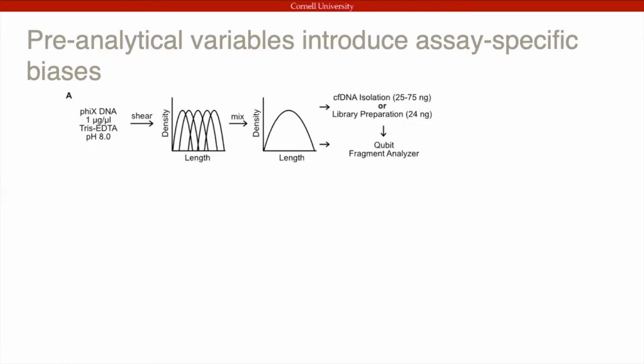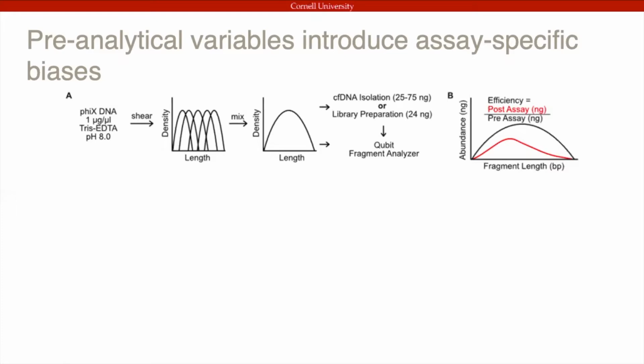Before and after each of these assays, we quantified using the Fragment Analyzer and a Qubit measurement. Using these, we could then look at the efficiency of an assay by taking the abundance and fragment length before and after the assay to describe a transfer function for each assay.